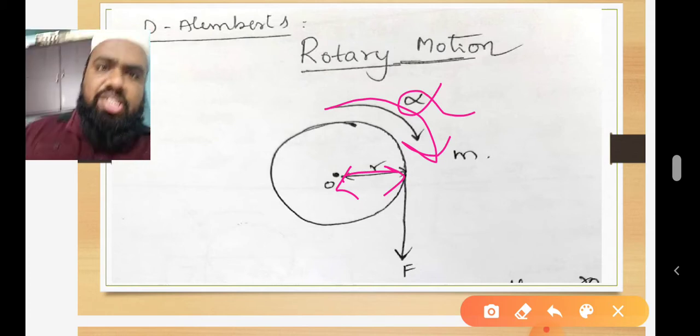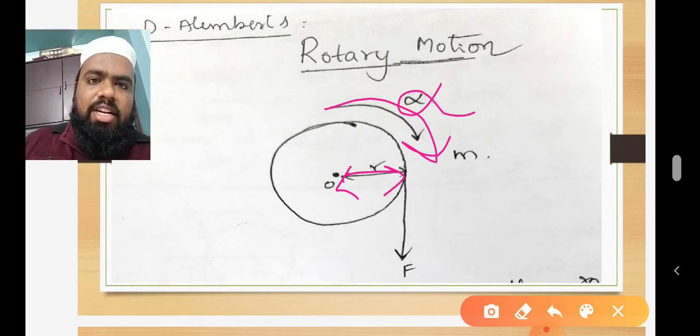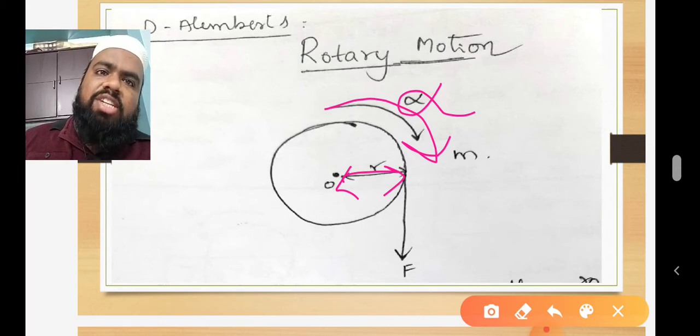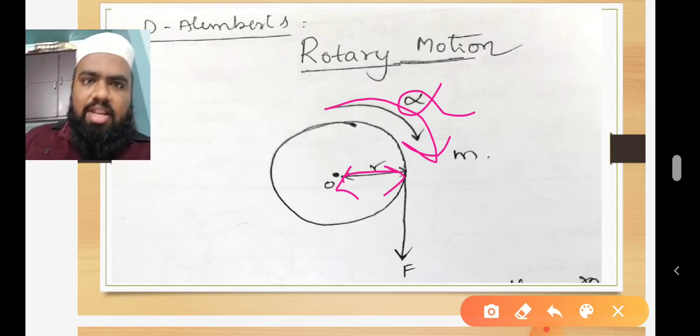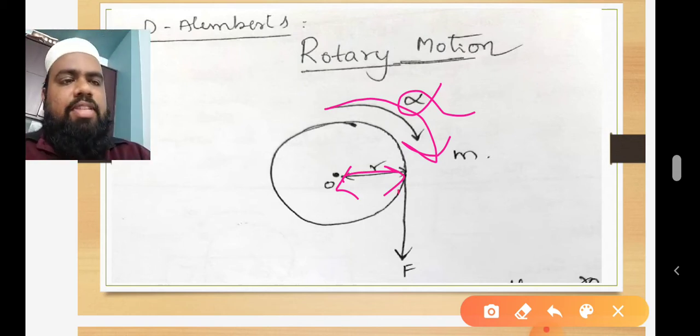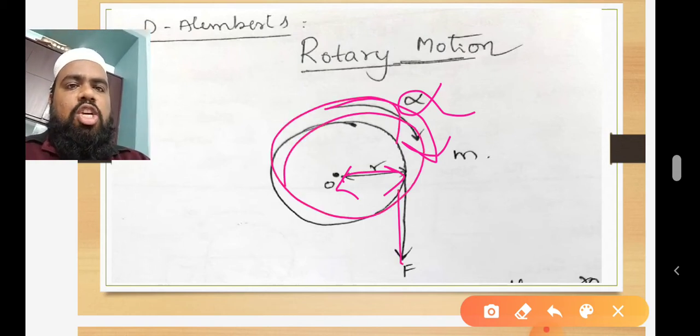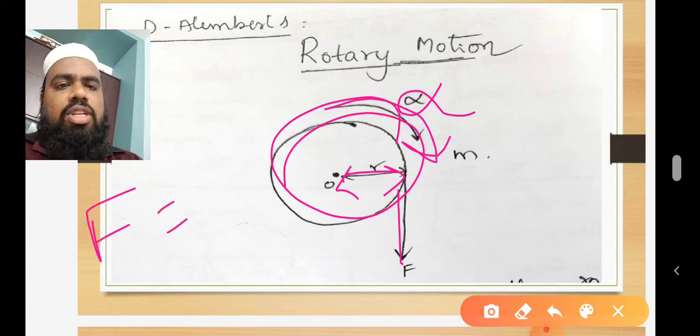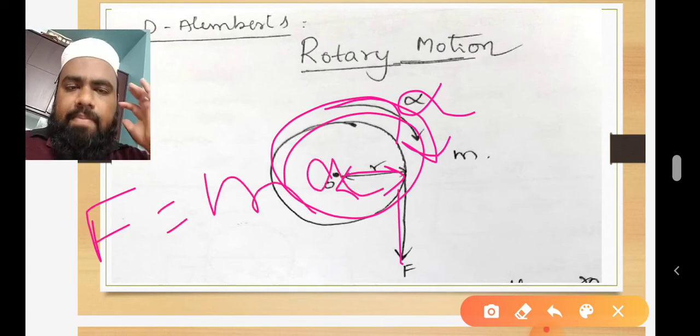Linear acceleration has its rotational counterpart, known as angular acceleration, which is alpha. The force F is acting downwards and the pulley is rotating.